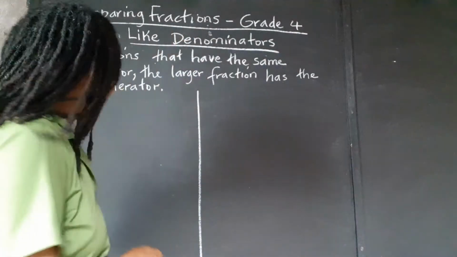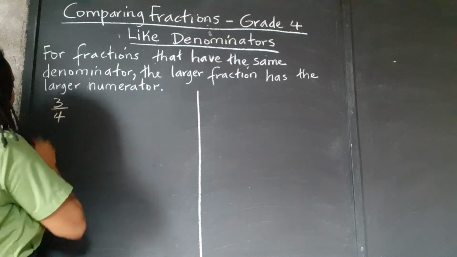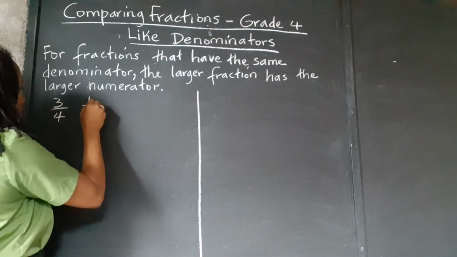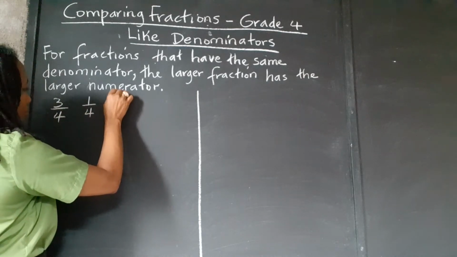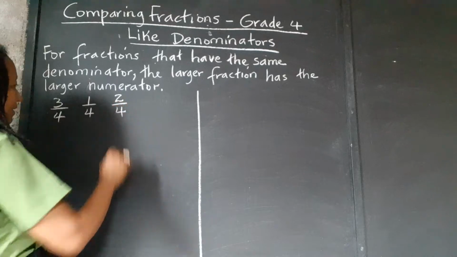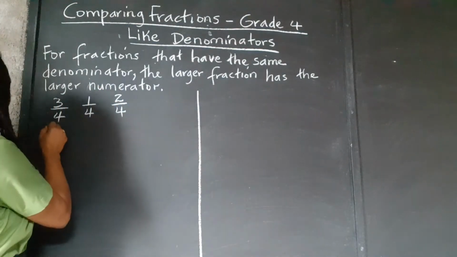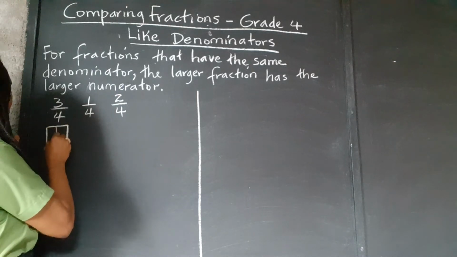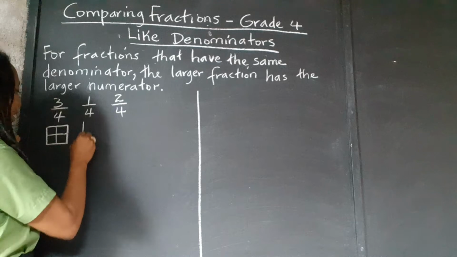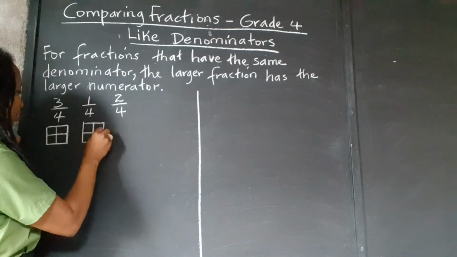So let's say we have 3/4, 1/4, and 2/4. Okay? If we were to draw shapes, so let's say we're drawing squares, we're cutting them up into 4 because that is what the denominator tells us where to cut it into, right?